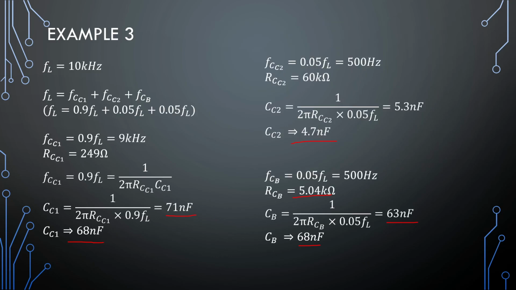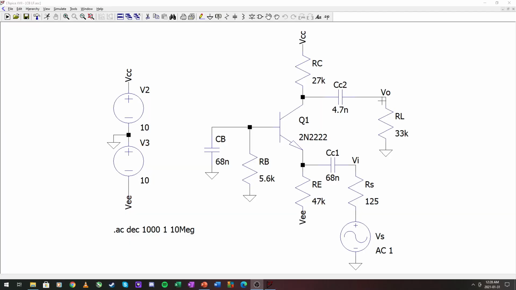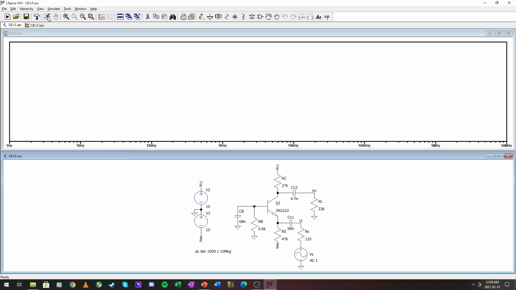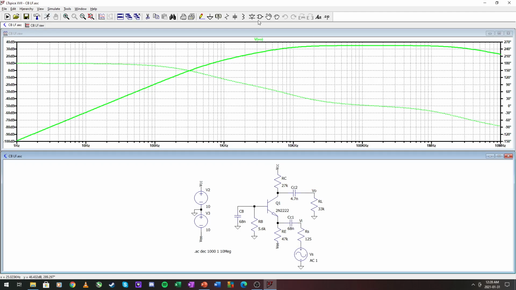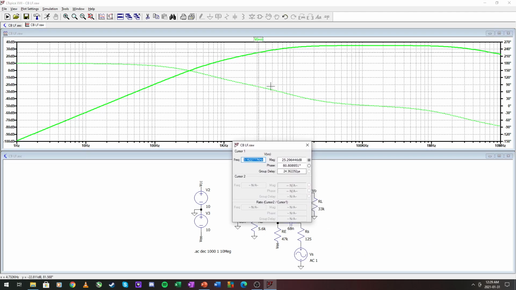Okay, let's look at our simulation. Alright, simulation, let's run it. And our output. Switching on our cursor, our midband gain is 35 decibels, so we should be looking for 32 dBs.